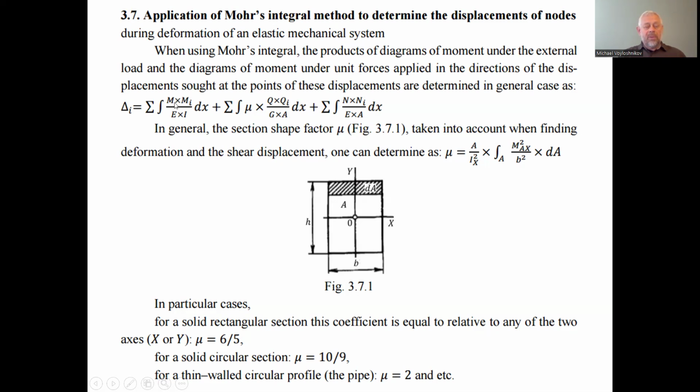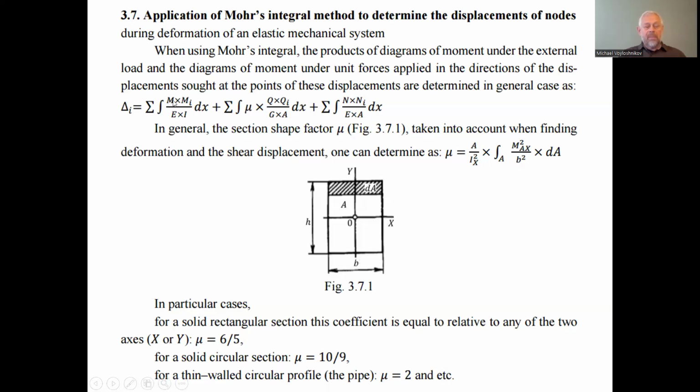The sequence of the multiplication in the numerator is not so important, because we can take first the diagram of the bending moments of the frame or any other mechanical system under the influence of the unit force, and multiply it by the diagram of moments of the external load.